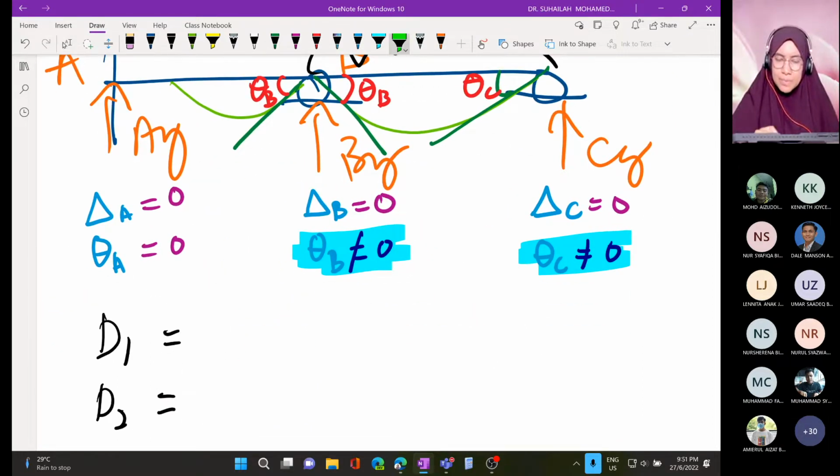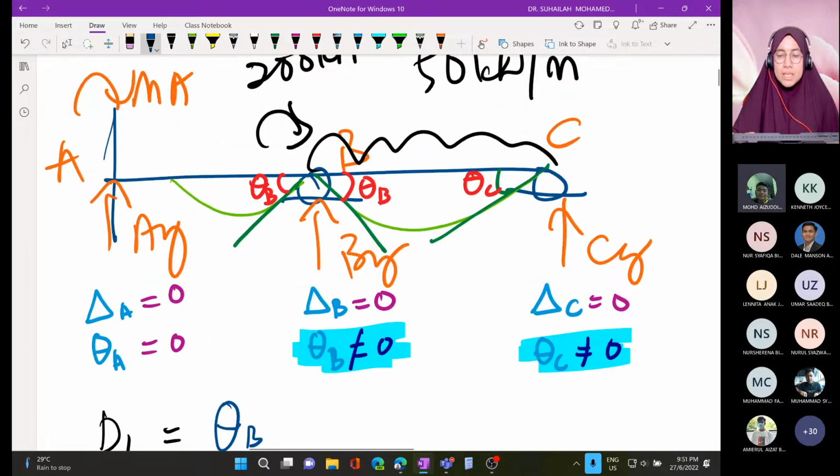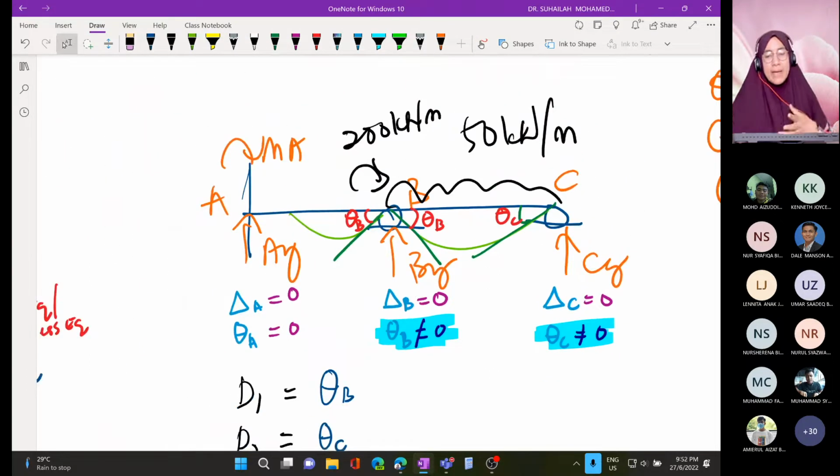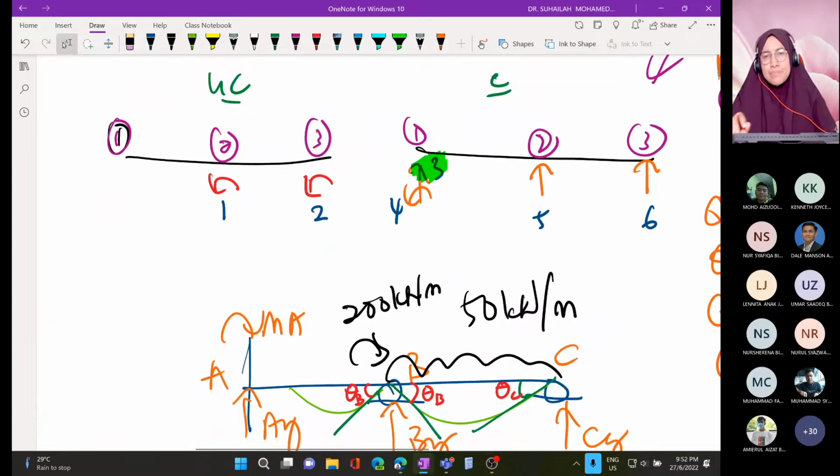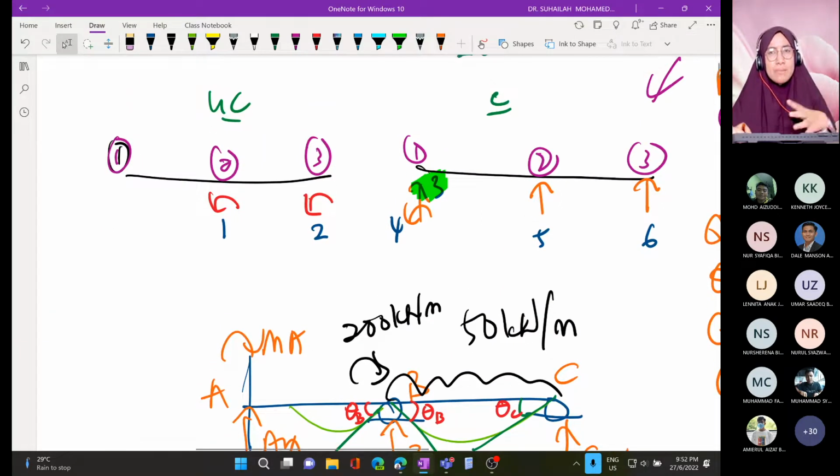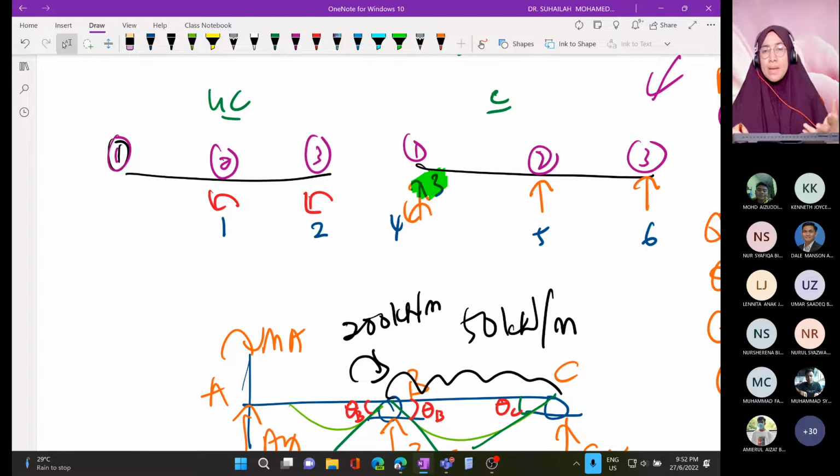D1 is theta B. D2 is theta C. And it depends on how you label the diagram. Kalau you nak label sini 1, 2 terbalik, dia terbaliklah label tu. Depend on how you label.